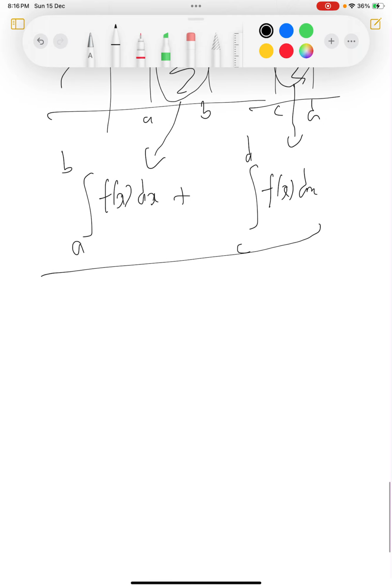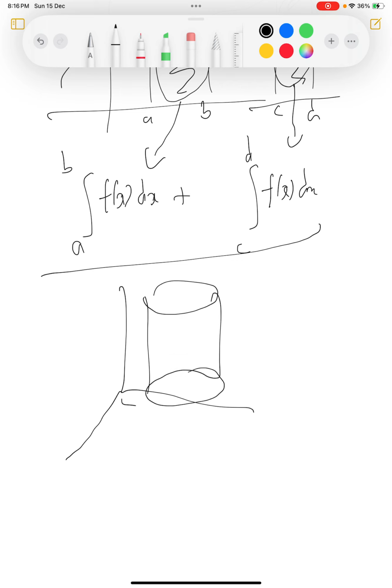Now to find the volume, how will I find the value? Like if I have a 3D shape and I want to find the volume of this part. Suppose this height is h.